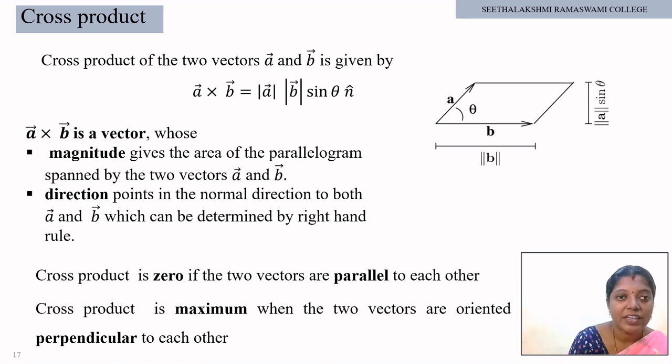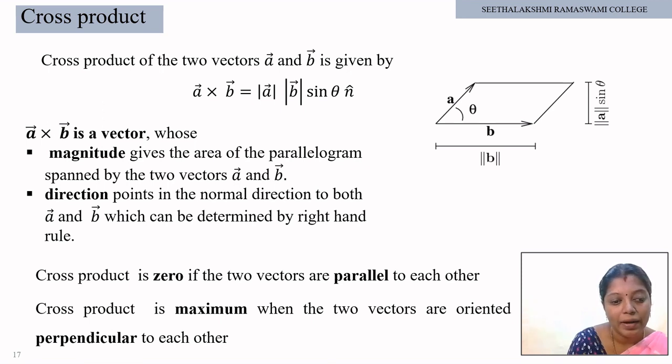So if it is a vector, there will be two quantities, that is, the vector has a magnitude as well as a direction. So what does the magnitude of the cross product represent, and what does the direction of the cross product represent? This is the question. The magnitude of a cross b is nothing but the area of the parallelogram spanned by the vectors a and b.